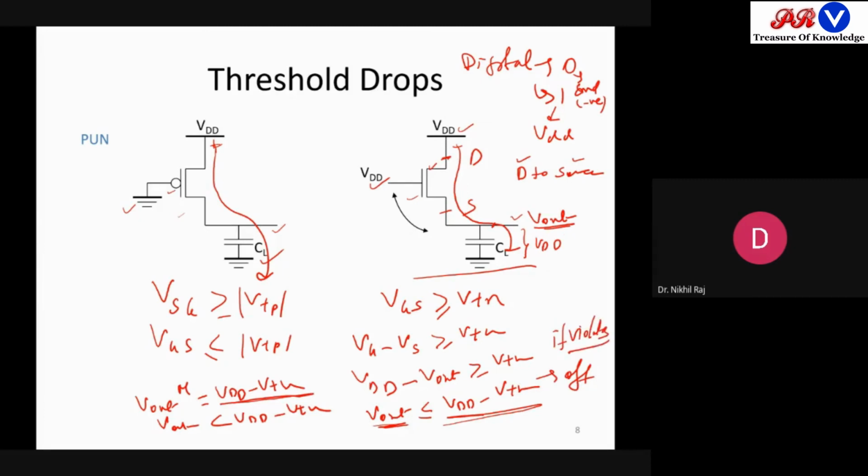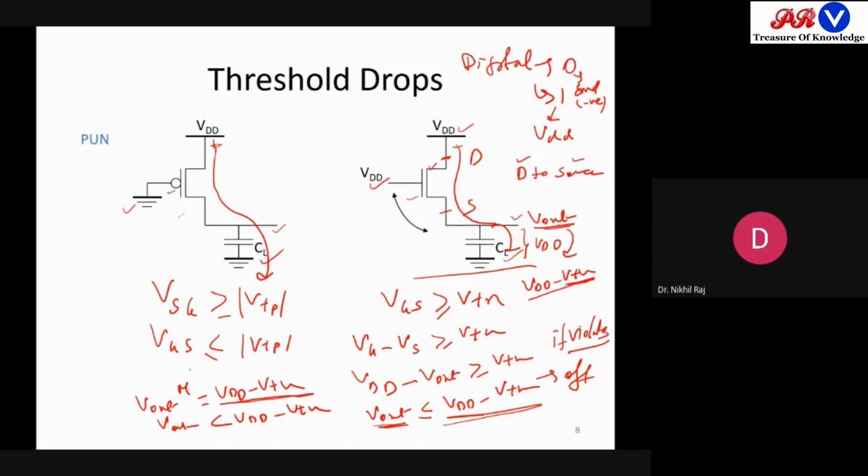So for the NMOS architecture, we can go Vout up to only VDD minus VTH. This means full swing is not provided by the NMOS. In Vout we are getting a minus factor of VTH, so this is not giving the full swing.